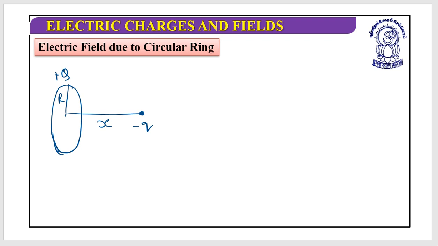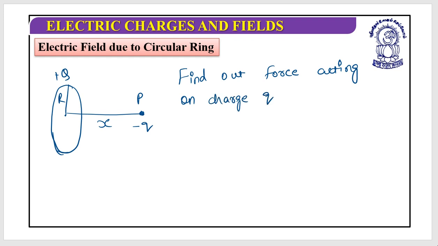What they have asked is, as a first step, find out the force acting on charge q due to the charged circular ring. This is the question. How could you do this? Any idea? How will you do this? Any idea?